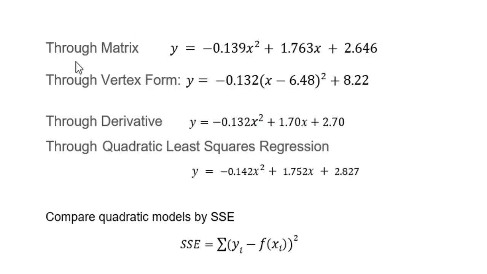We used 4 different ways to figure out the quadratic regression equation here. We want to figure out which one is the best fit, so we have to use this SSE to decide.